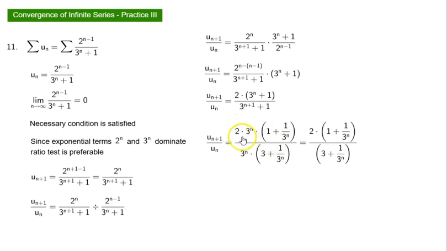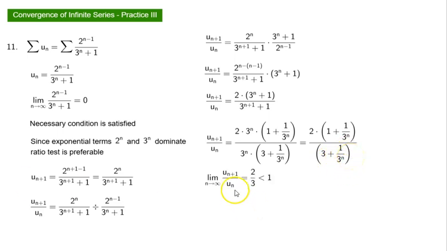We end up with 2 times 3^n times (1 + 1/3^n) divided by 3^n times (3 + 1/3^n). Now when we simplify, 3^n and 3^n cancel out, and we are left with 2 times (1 + 1/3^n) divided by (3 + 1/3^n).